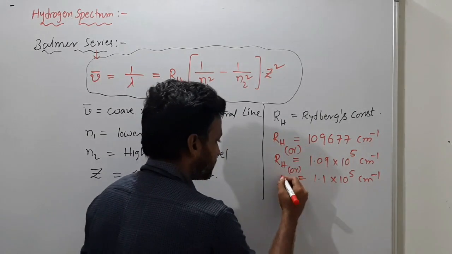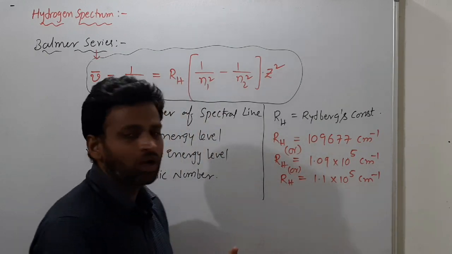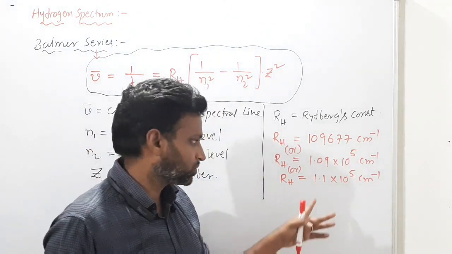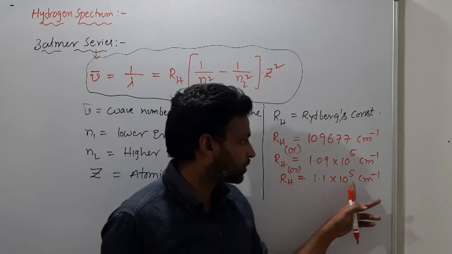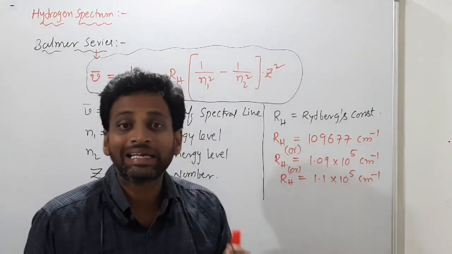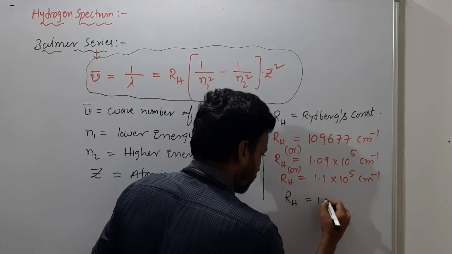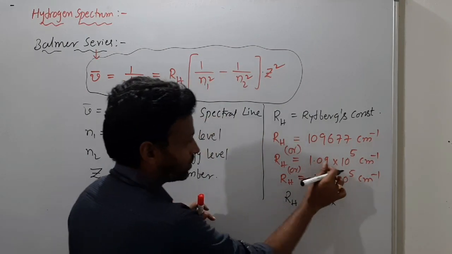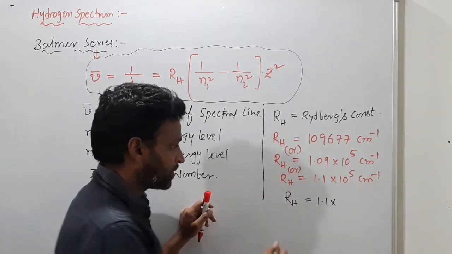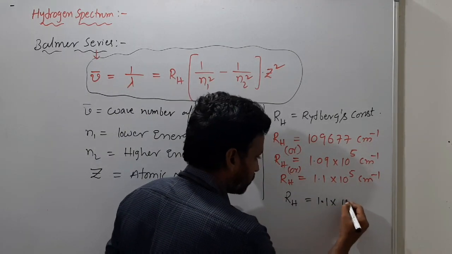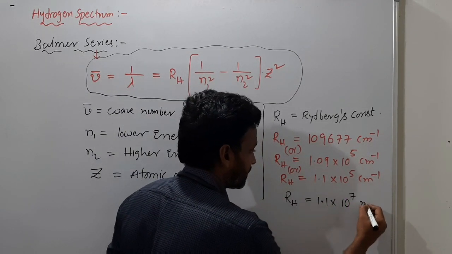For solving numericals, it is better to have the simplified one. So RH is 1.1 into 10 power 5 centimeter inverse. That you have to remember. I rounded 1.09 up to 1.1. Understanding, sir? So 1.1 into 10 power 7 meter inverse.